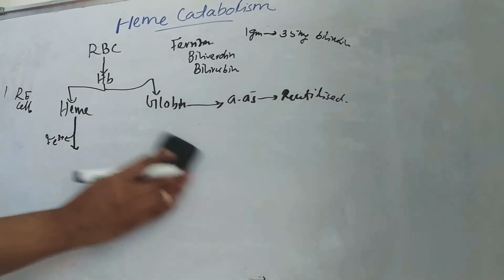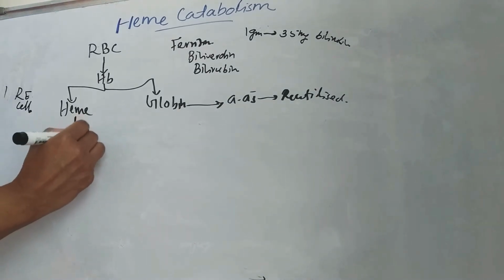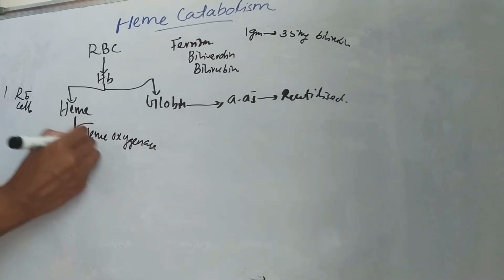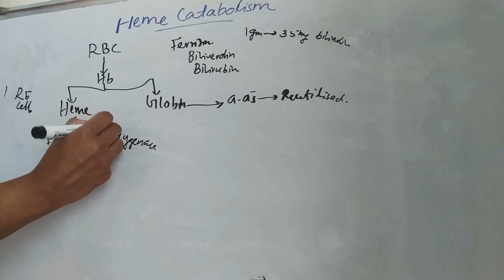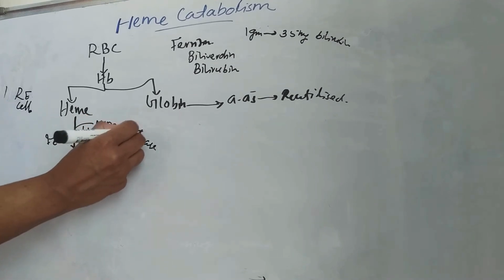In the formation of bilirubin, the first enzyme is heme oxygenase. It is an NADPH dependent enzyme. Here the reaction is NADPH plus H plus to NADP plus.